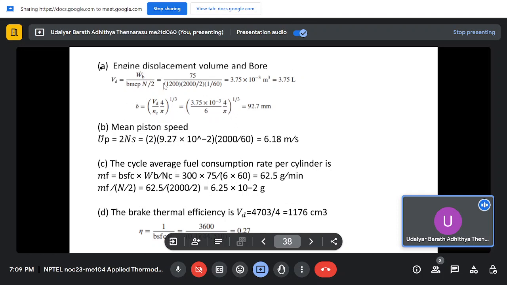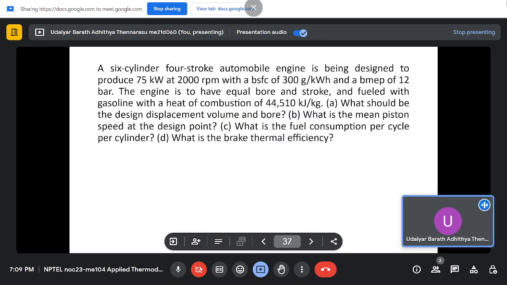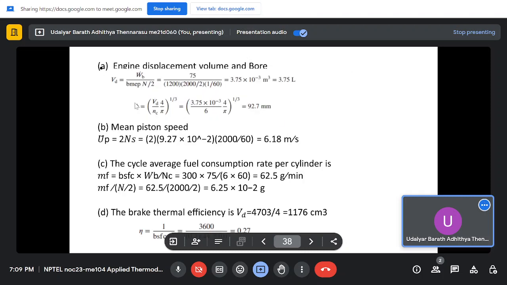And the bore volume is, we know displacement volume, so we can calculate the bore diameter. The question says that bore and stroke are equal, so that's a square engine, so B equals S. On substituting that, displacement volume is pi by 4 into B cube into number of cylinders.